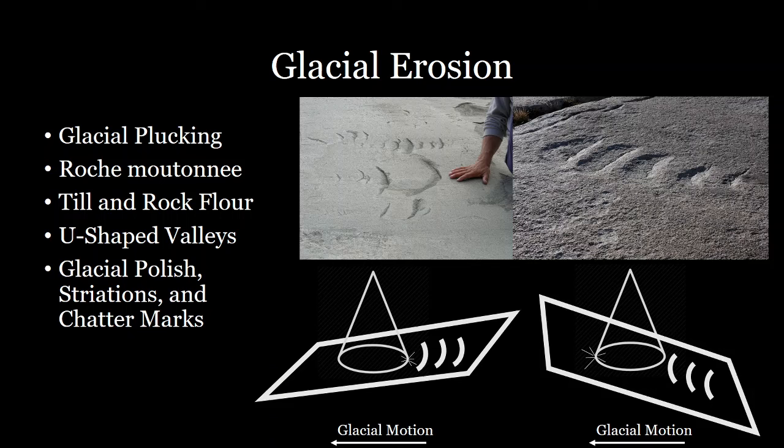Whereas if the slope of the bedrock is opposite to the direction of the glacier movement, then the front of that cone will hit the surface first, and those concentric rings will point opposite to the glacier motion. So that's how we can figure out how glaciers moved millions of years ago and do paleoglaciology.